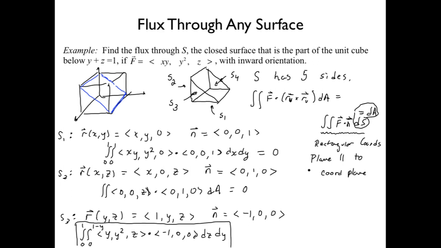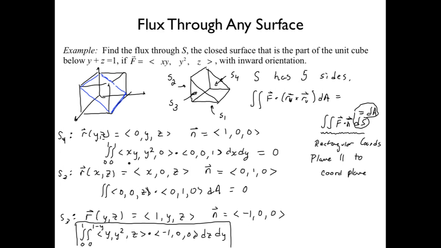Okay, S4. I'm going to come up here and erase S1. So S4 is the back. The two variables we want for that are y and z again. Parameterization is 0, y, z. Inward orientation means n is 1, 0, 0 on that back thing.